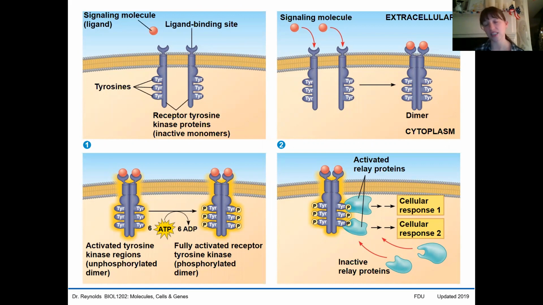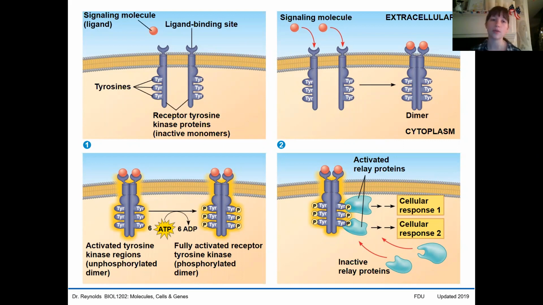These are kinases, which means they phosphorylate things, and they're actually going to phosphorylate each other. And then the phosphates on these activated dimers are going to be capable of starting multiple cellular responses because we have multiple phosphates that can be used here for this process of phosphorylation.